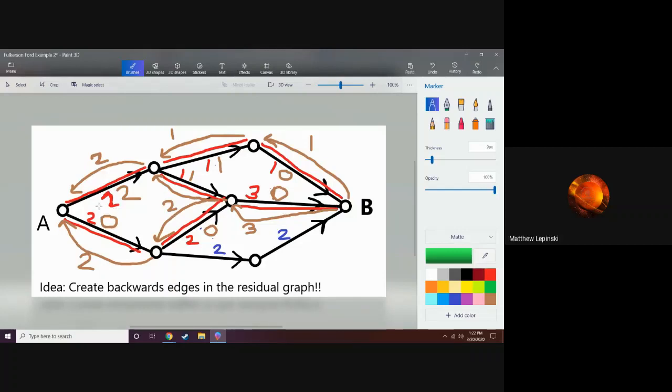We put off the need to backtrack, but we still do need to backtrack because there's a path here, here, here, here, backtrack, here, here.